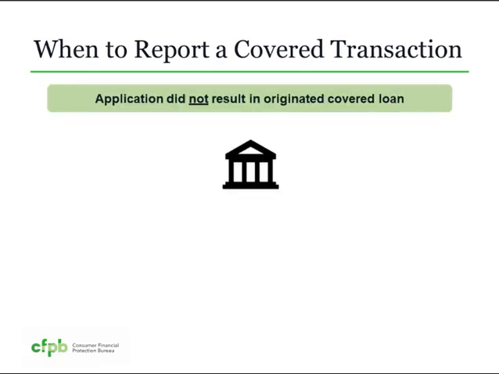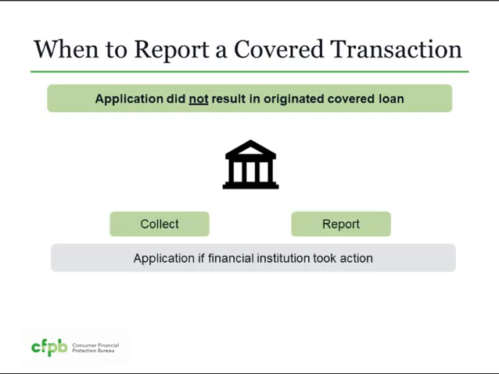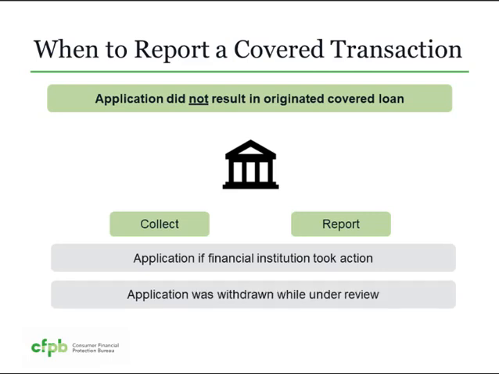If the application did not result in an originated covered loan, a financial institution collects and reports the application if the financial institution took action on the application or even if the application was withdrawn while the financial institution was reviewing it.